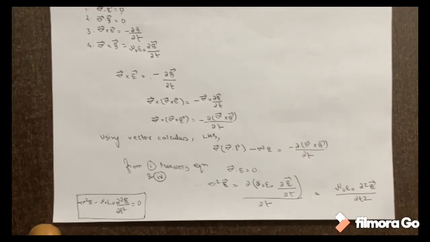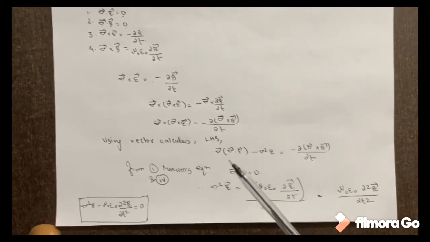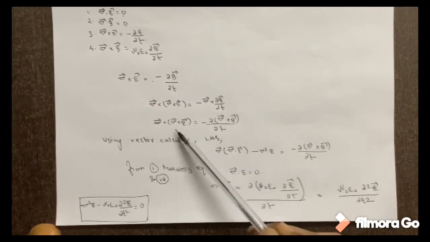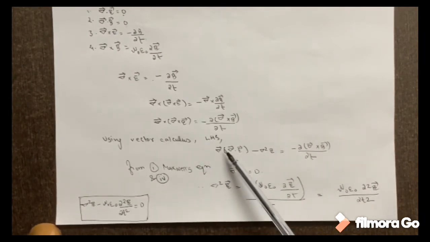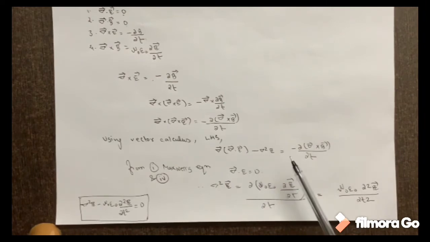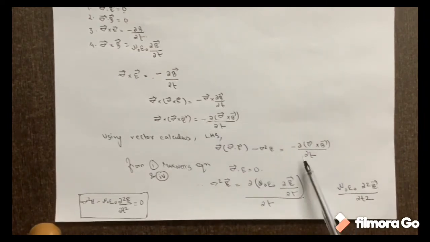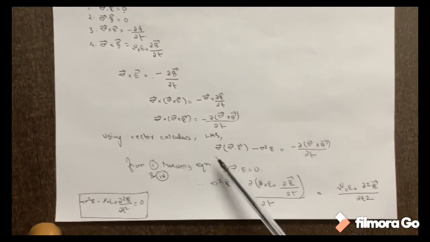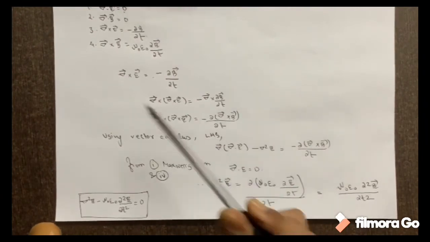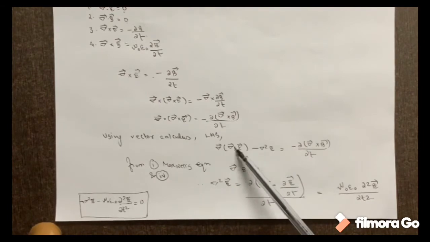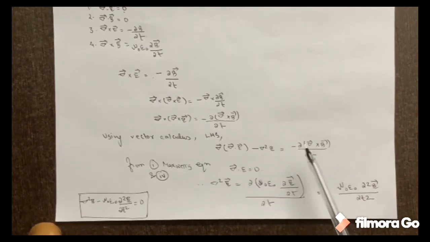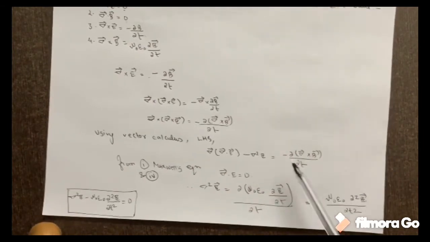After using vector calculus on the left hand side, this LHS becomes del into del dot E minus del square E, equal to minus del upon del t of del cross B. From Maxwell's first equation, del dot E is equal to 0, so this part became 0. Now the minus and minus signs get cancelled.